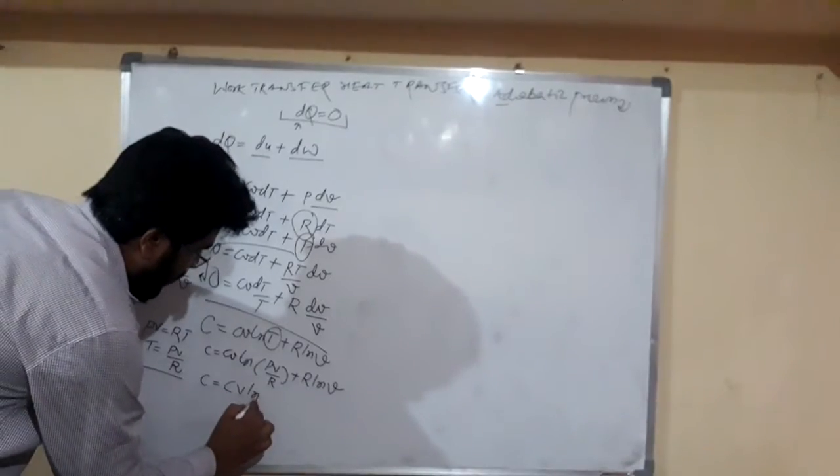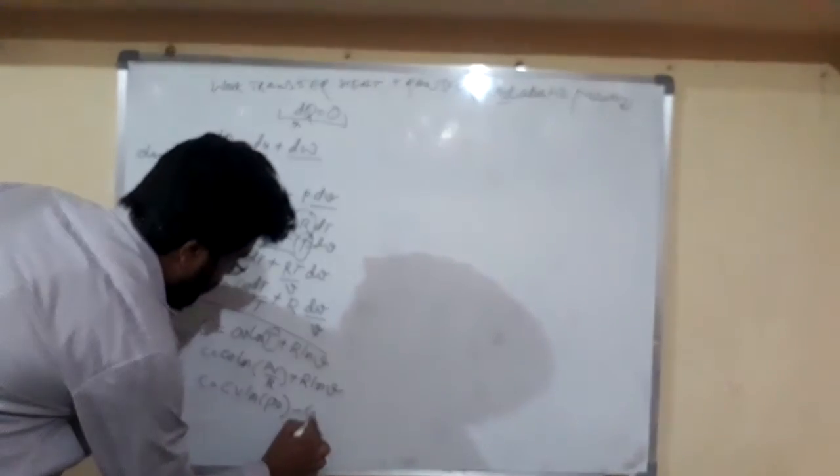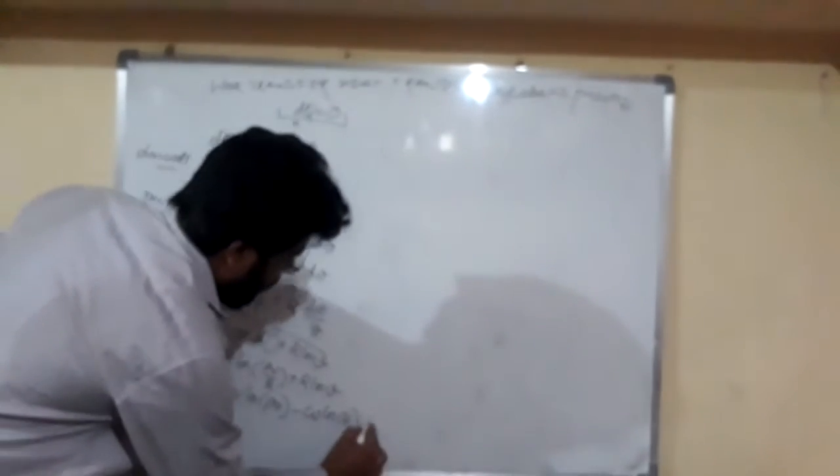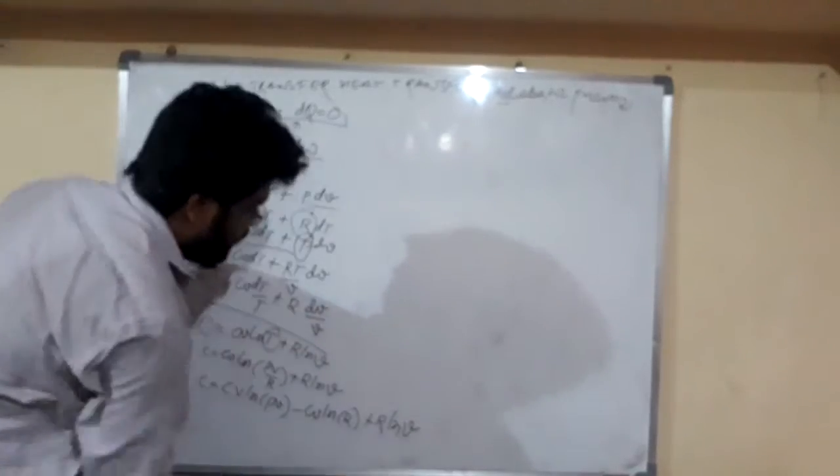Dear friends, now we will apply the properties of log. c equals cv ln pv minus cv ln r plus r ln v.